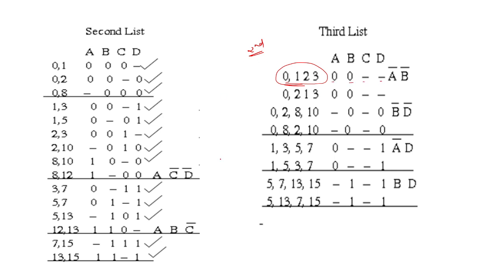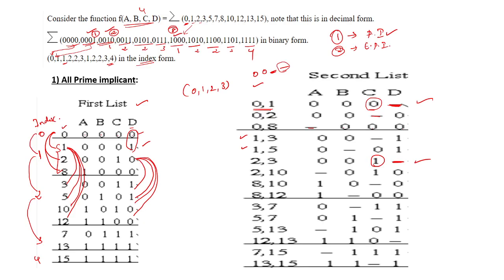So like that we have to check. And in the previous also we have to concentrate. If 0 and 1 is grouped, just for our reference, put a tick mark on the side of 0 and 1. So whatever minterms are not covered here, it has to be written as a variable at last.